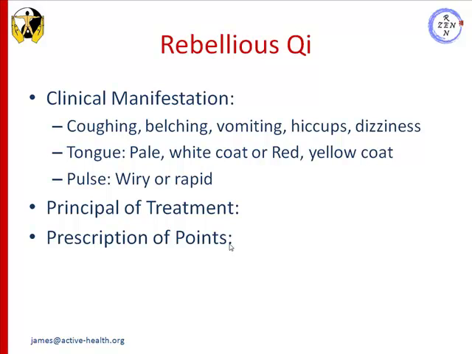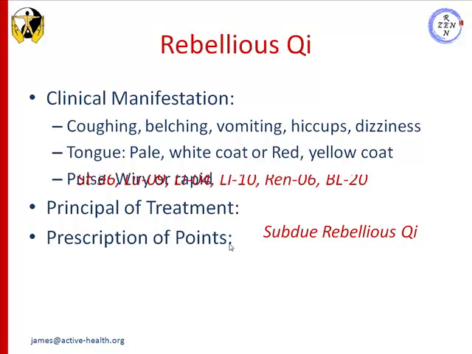So for now, let's just understand that we can have a qi deficiency, a qi sinking, and rebellious qi as well. And our principle of treatment would depend on the associated signs and symptoms of that pattern. Our principle of treatment we're going to look at here would be to subdue rebellious qi.